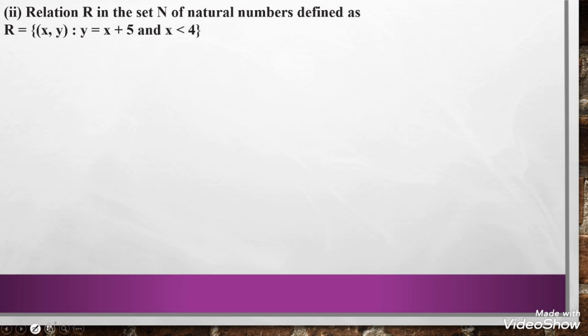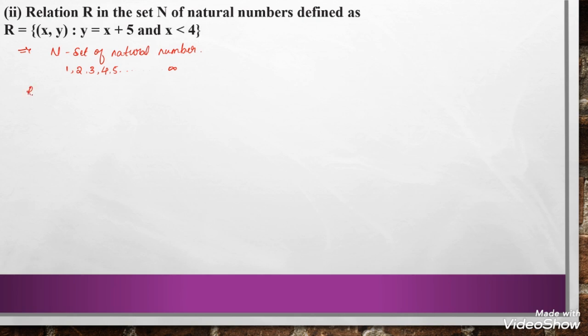Here they have given a condition, along with a set: N is the set of natural numbers. We already know that the numbers start from 1. The set of natural numbers means the numbers 1, 2, 3, 4, 5, 6 and so on to infinity.